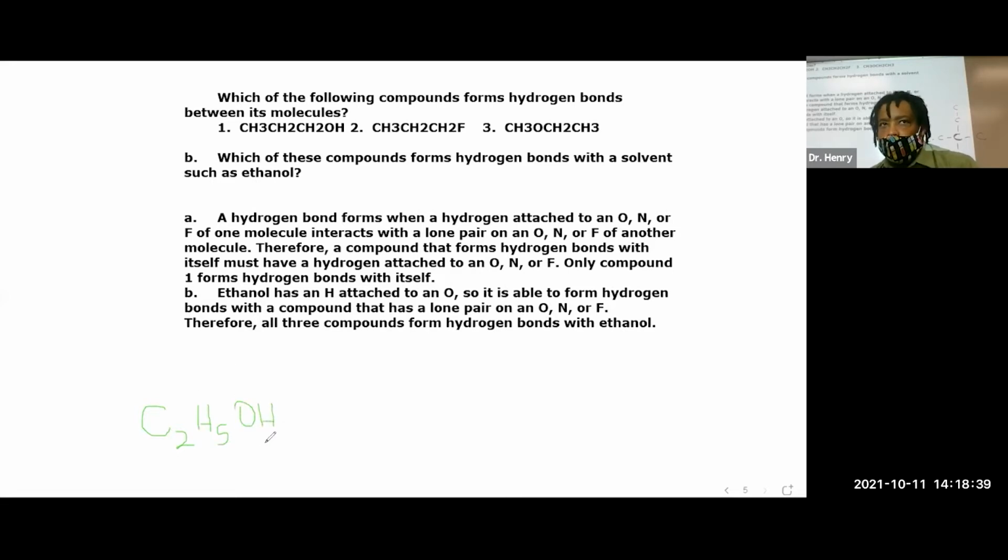Okay, this guy's always going to form a hydrogen bond. So you're going to have hydrogen bonds forming here, here, and here. So in all three cases, it's going to be dissolvable, right? So if you think about it, this guy is, let me erase.